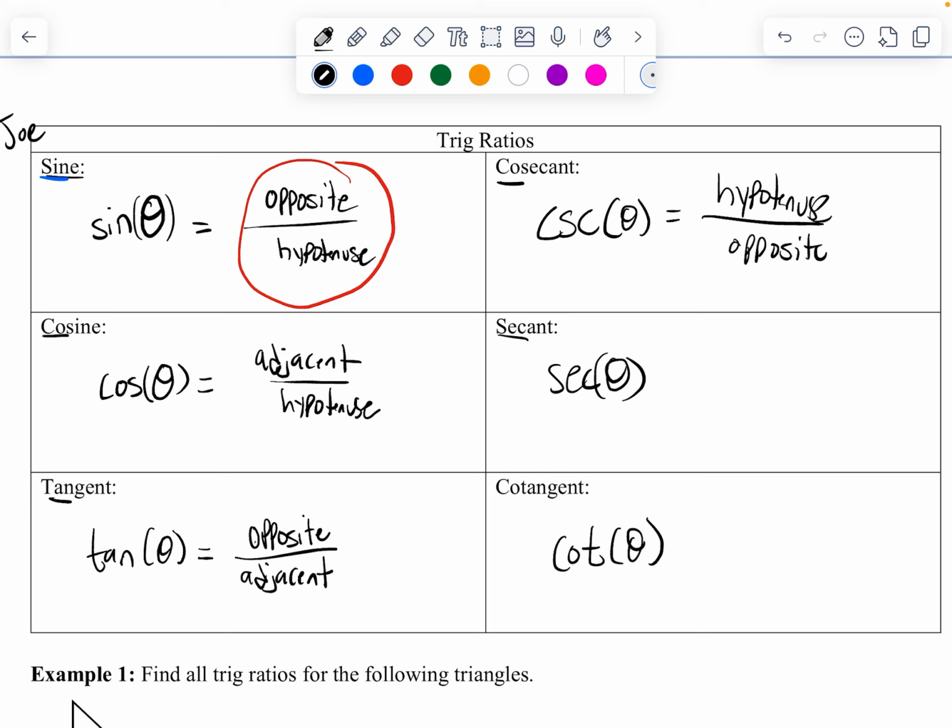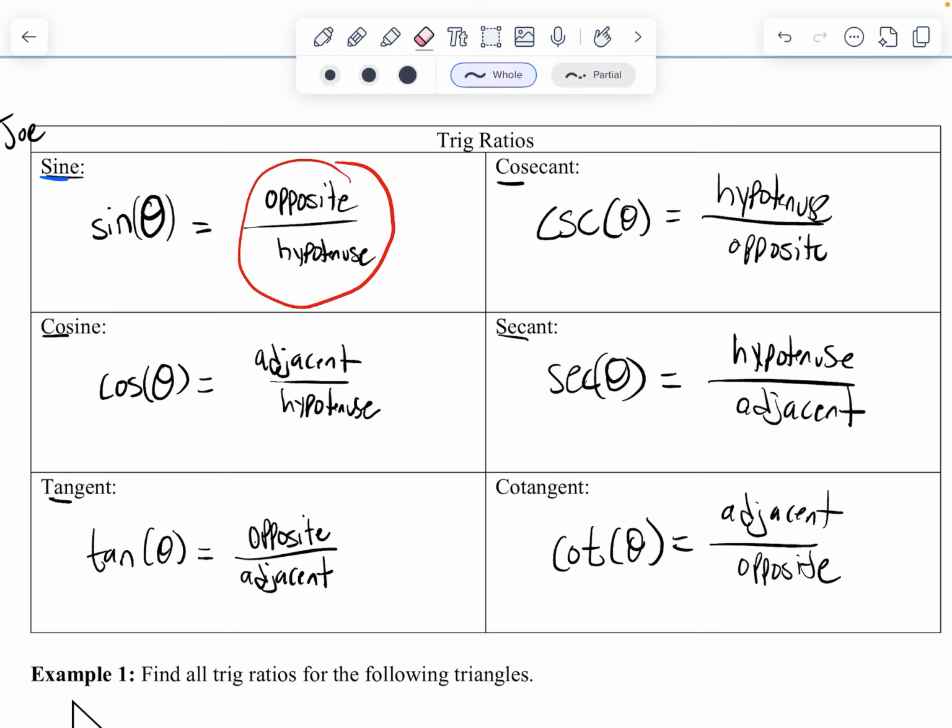So if you want to go the other direction as a comparison, use cosecant instead of sine, right? Secant is the reciprocal of cosine, which means it is the hypotenuse over the adjacent. Cotangent is the reciprocal of tangent, which means it's going to be the adjacent over the opposite.